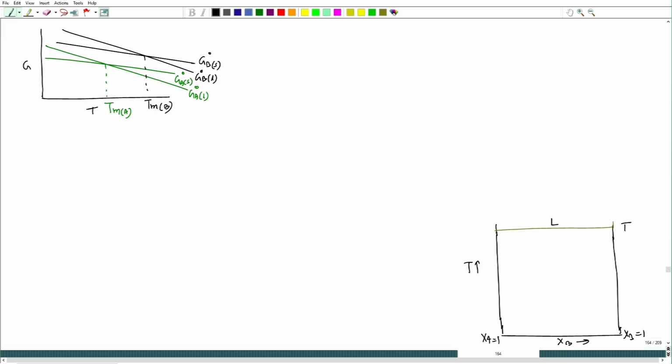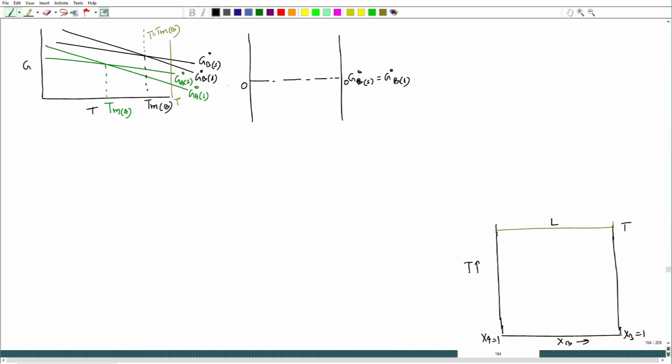Okay. Now, let us see what happens as we decrease temperature. This is the T we have considered. This is T equal to Tm B. Let us do that plot. This is G B naught solid equal to G B naught liquid.